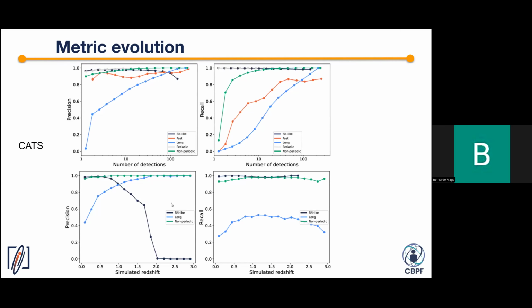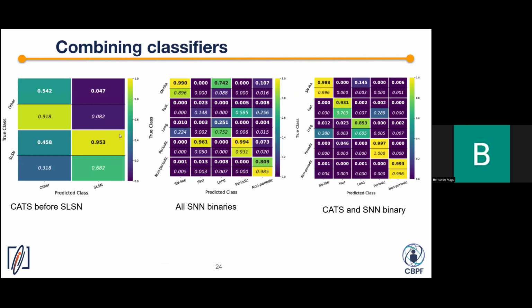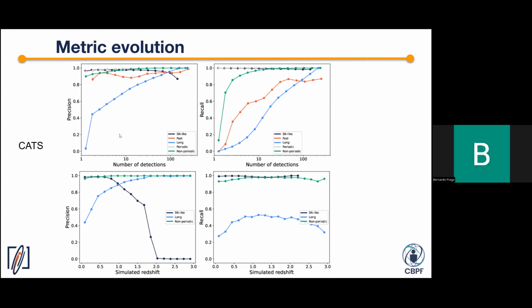And you see for CATS, for example, which is the one that I'm most interested in, you see that you have a very good precision or purity with about 5 to 10 detections for all classes except for the long class.